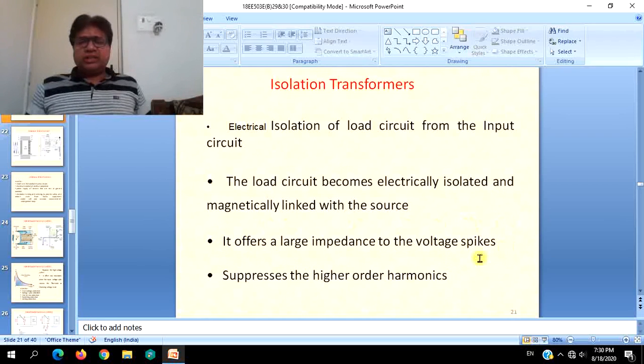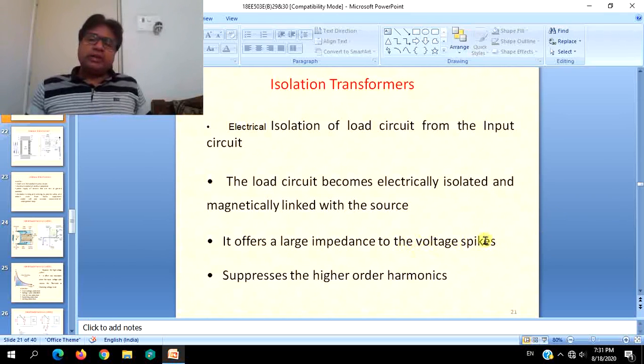It offers a large impedance to the voltage spikes. So the design of the magnetic core and the windings, particularly the primary windings of the isolation transformer, will be such that it will offer a large impedance to the voltage spike.